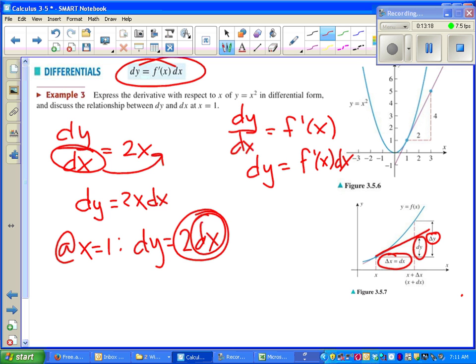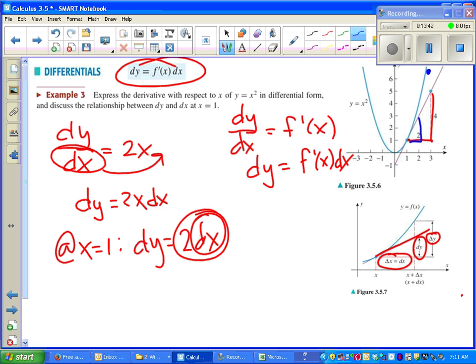So if we look at that on the tangent line, if I change my x by 2, that means I should change my y by 4. If I change my x by 1, I should change my y by 2. It's telling me that the y is getting big twice as fast as the x on my tangent line. That doesn't tell me how much y is changing on the actual curve.